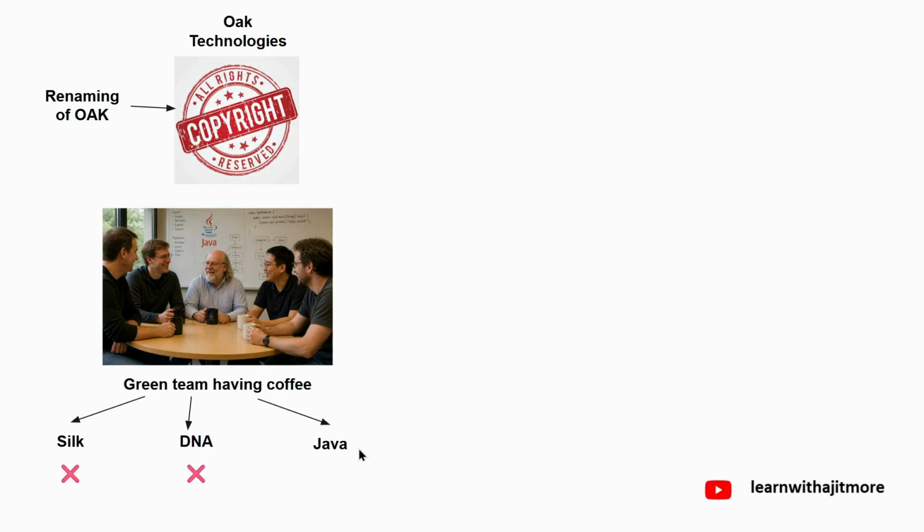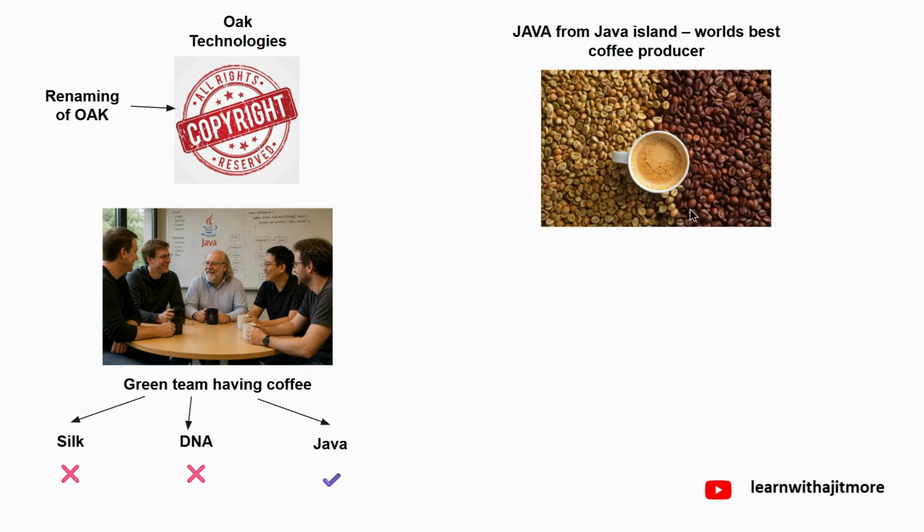Silk was cancelled, DNA was cancelled, and final confirmation was given for Java. And I told you why Java? Because Java from Java Island. There is one island called Java Island where the best coffee is produced, the world's best coffee producer. Okay, clear?